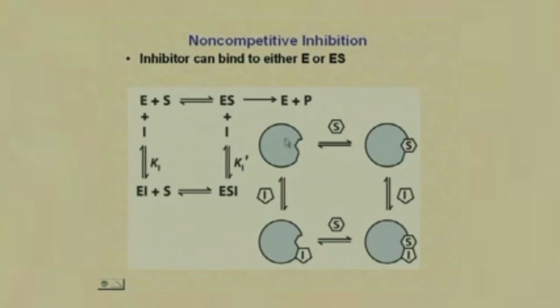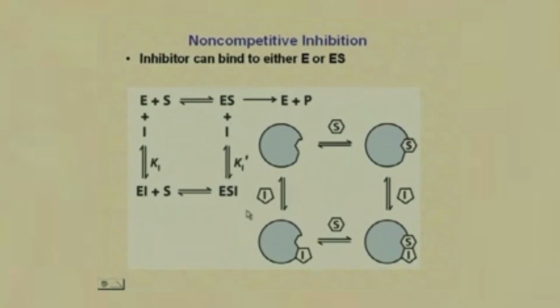So let's look at this picture here. We have the enzyme and we have the substrate. Then we form the enzyme substrate complex. This enzyme substrate complex can bind the inhibitor, and so can the enzyme itself. In competitive inhibition, we did not have this extra part here. So we do not have a ternary complex in competitive inhibition.